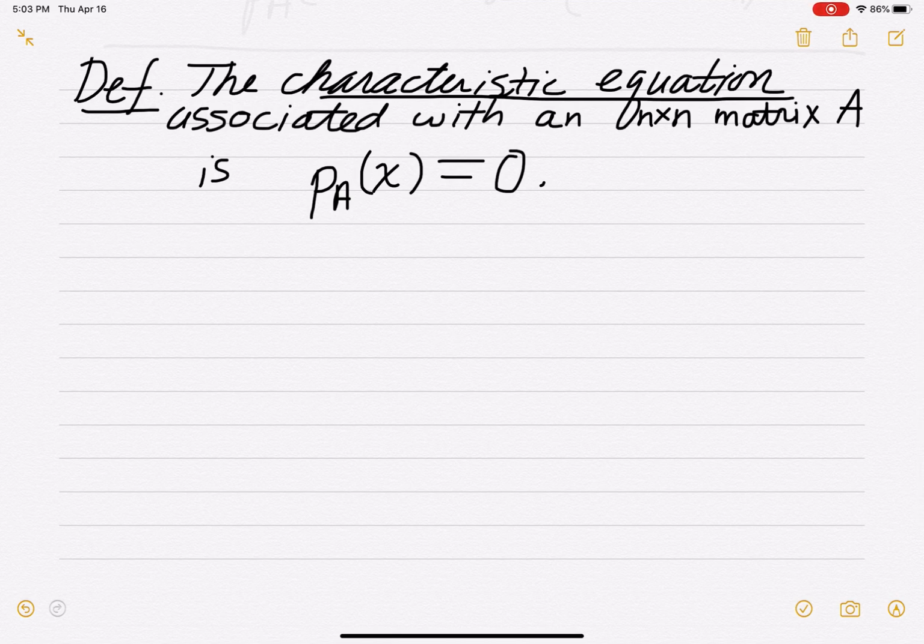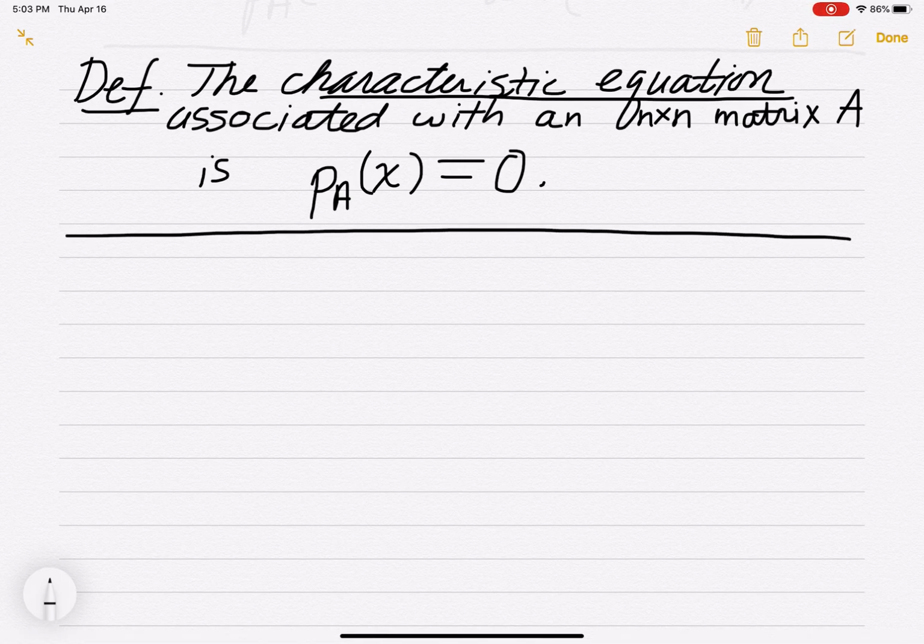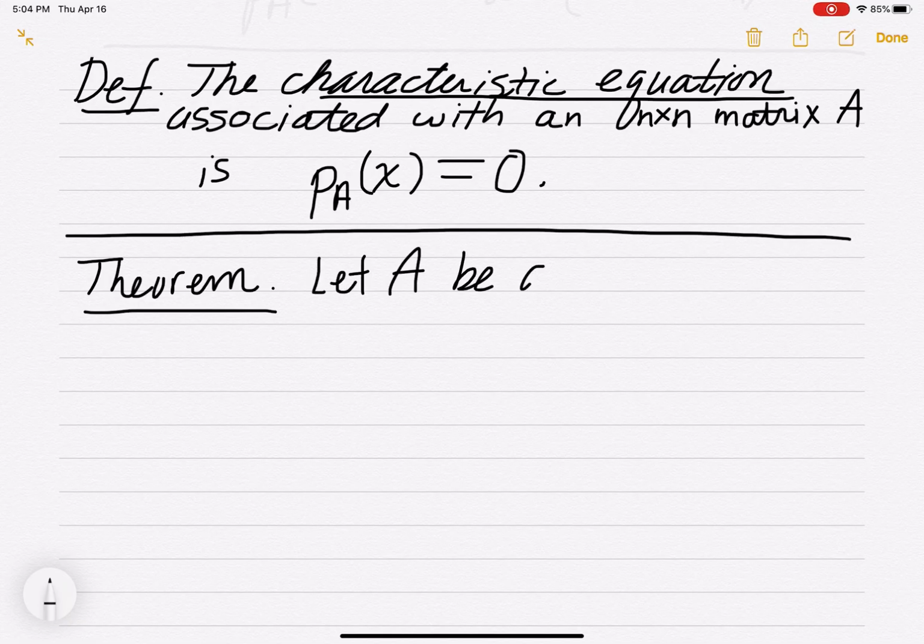Here is a super important result, a theorem. This is how you're actually going to find the eigenvalues of your matrix. Let A be an n by n matrix.